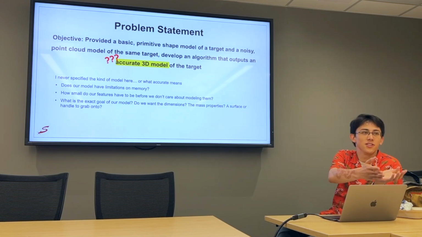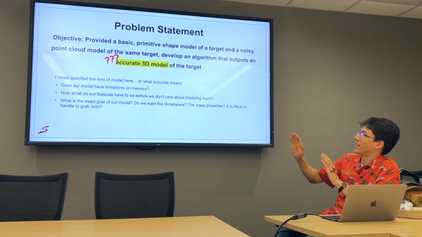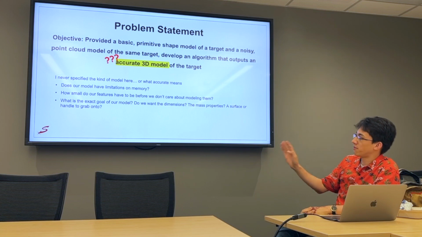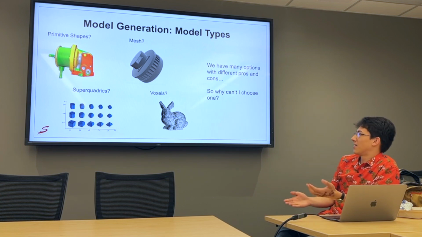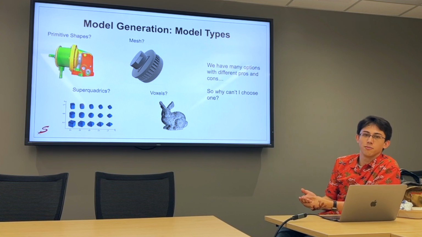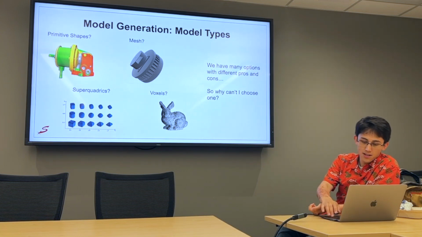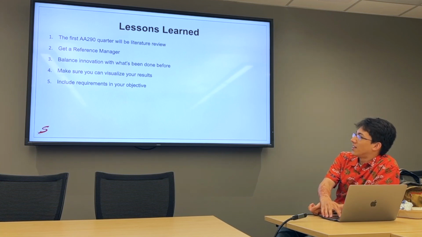And again, Professor D'Amico warned me about this in our meetings, but I think I was a little naive to understand why this kind of language should have been fixed earlier. Because when I was posed with this question, I was like, oh, I have so many options, but I don't know what the best one is because I wasn't specific enough about what I'm looking for. So that goes to my fifth lesson learned.